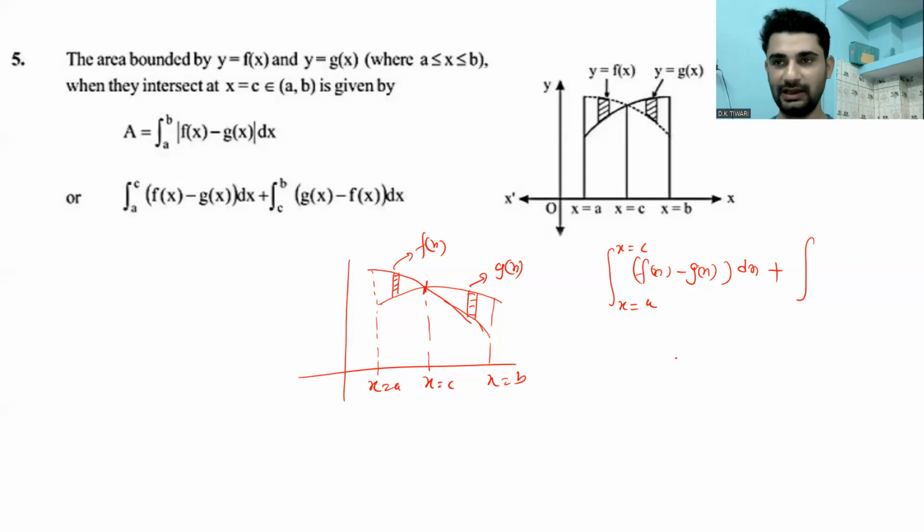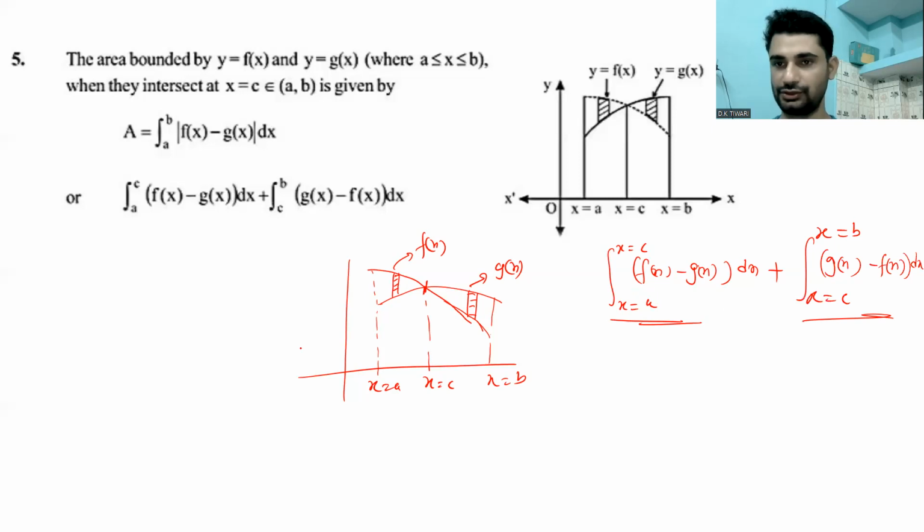Take care of the function value. You cannot use the mod value. So it is g(x), because g(x) now is at higher values of the function, minus f(x) dx, from x equal to C to x equal to B. This integration will be positive, and this also positive.